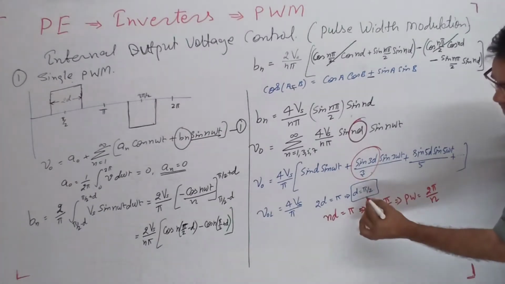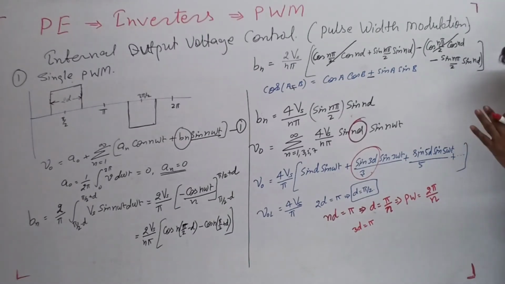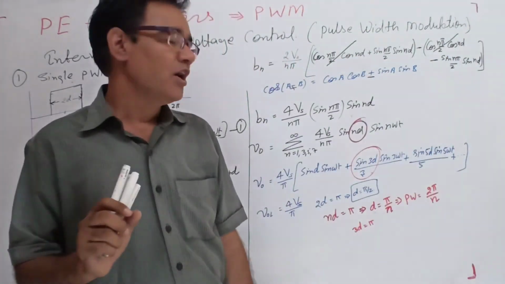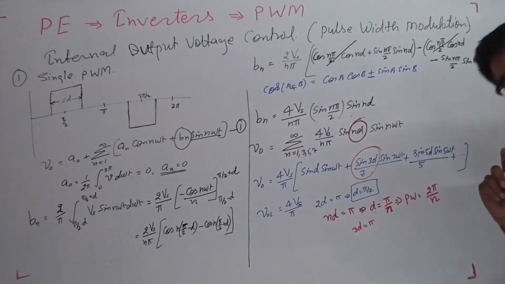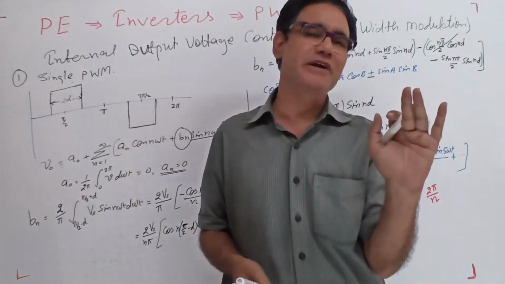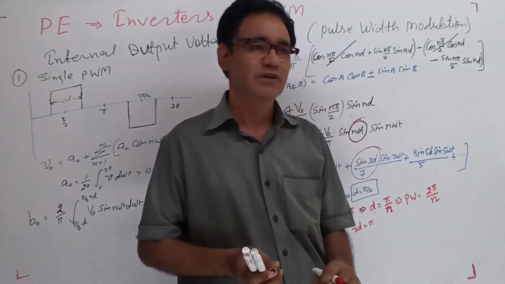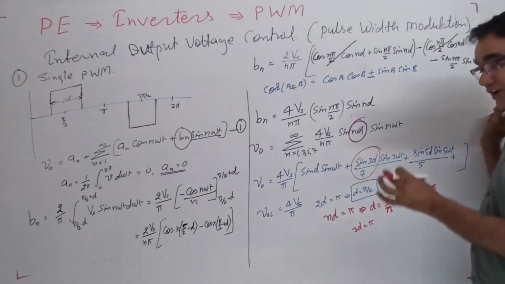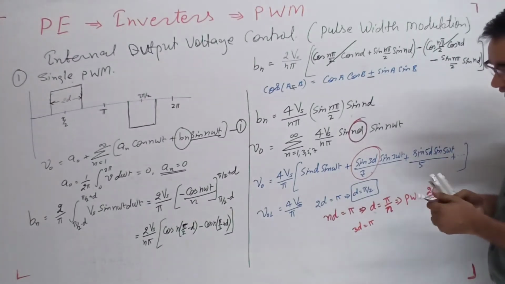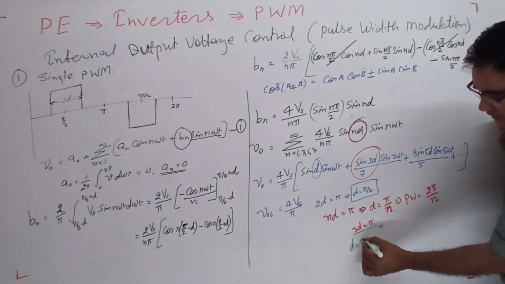Then 3d is equal to pi, and so that component is 0. It eliminates the third, 6th, 9th, 12th, 15th and all multiples of 3 as well. But one impact during the elimination is that when we eliminate one particular harmonic, the fundamental also gets reduced. So when 3d is equal to pi, the value of d is pi by 3, that is 60 degrees.